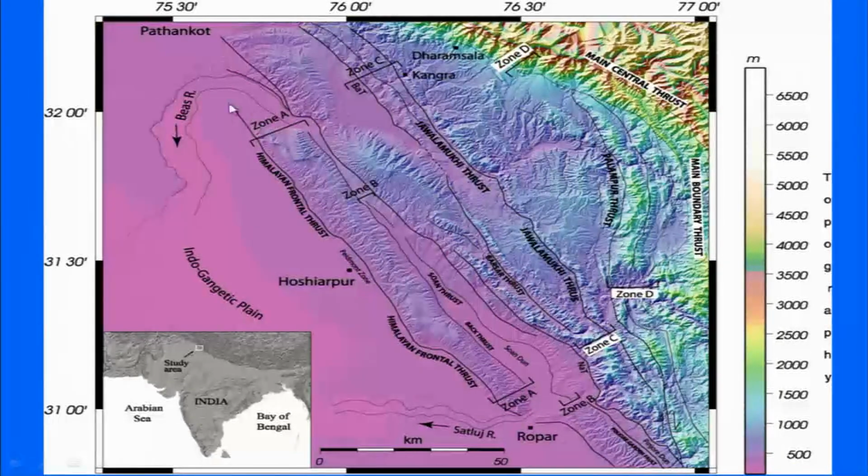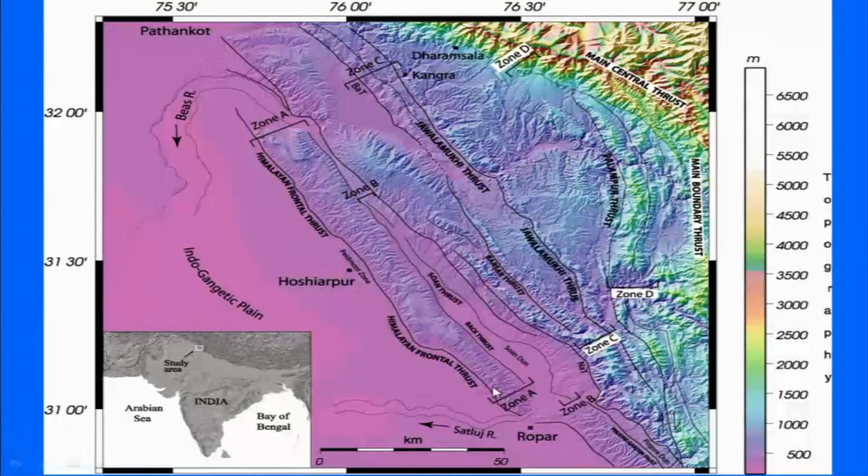Again, both of them are antecedent streams, and they are flowing through the folded mountain chains here. So, they are all antecedent streams. Now, what is important about the drainage pattern we are going to talk about here is that if you carefully see, we have some sort of features which are developed on the surface of the fold.